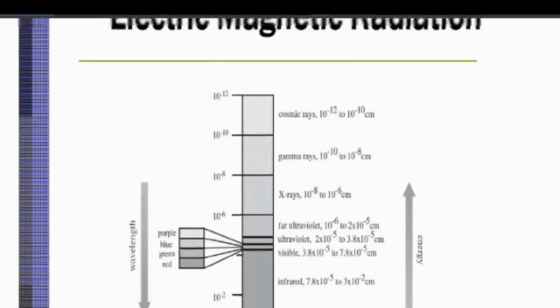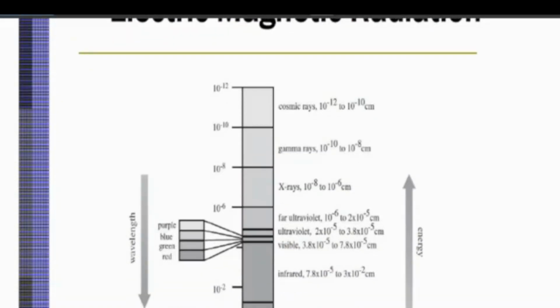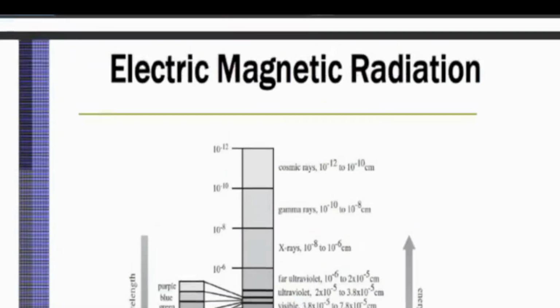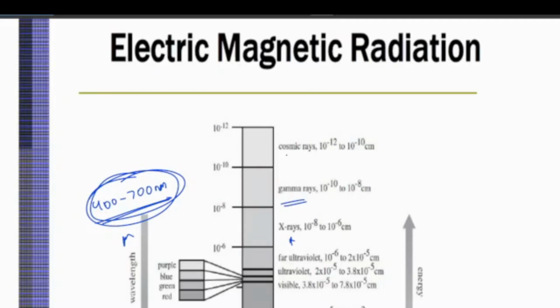So this is the electromagnetic radiation. You can say that the visible region is between 400 to 700 nanometers, and beyond this are X-rays, gamma rays, cosmic rays.